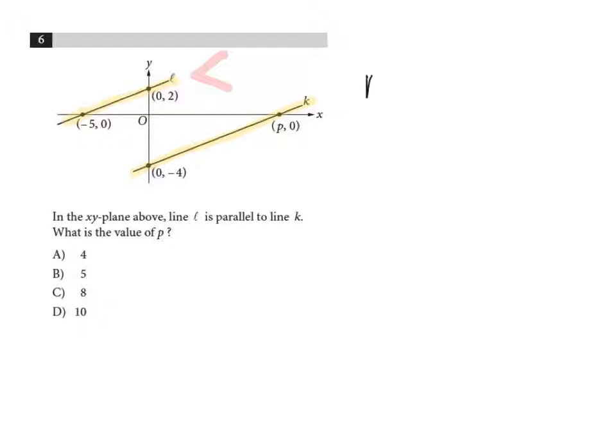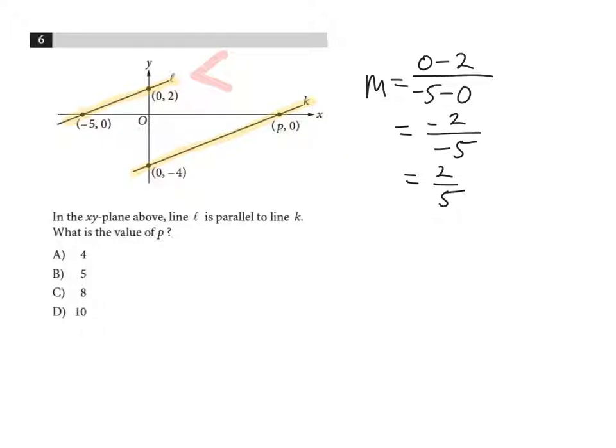So the slope of the line is going to be the change in y, so 0 minus 2 over -5 minus 0. It's going to be -2 over -5, or 2/5. Okay, so if the slope is 2/5, the slope for the second line should also be 2/5.